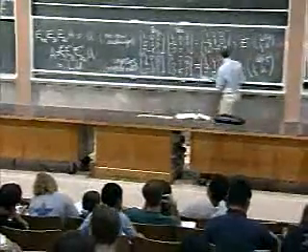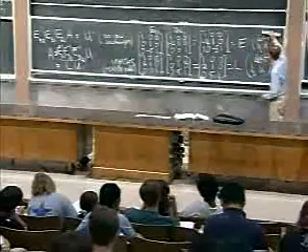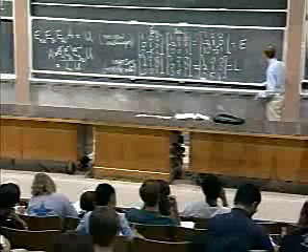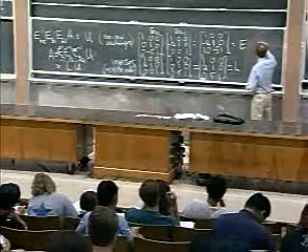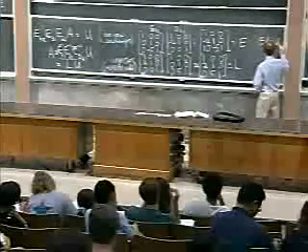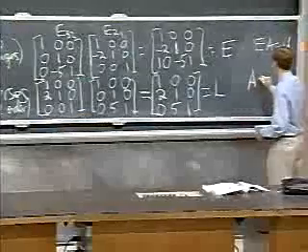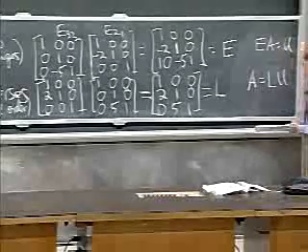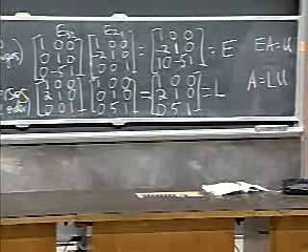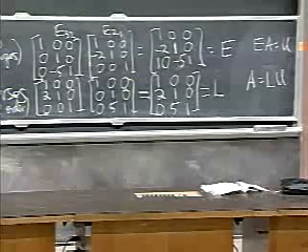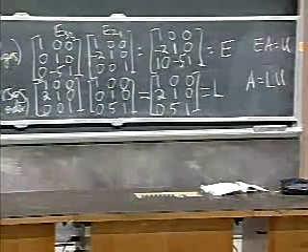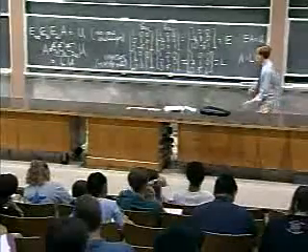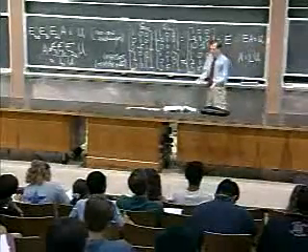Maybe rather than saying left of A, left of U, let me write down again what I mean. EA is U, whereas A is LU. Okay. Let me make the point now in words. The order that the matrices come for L is the right order.